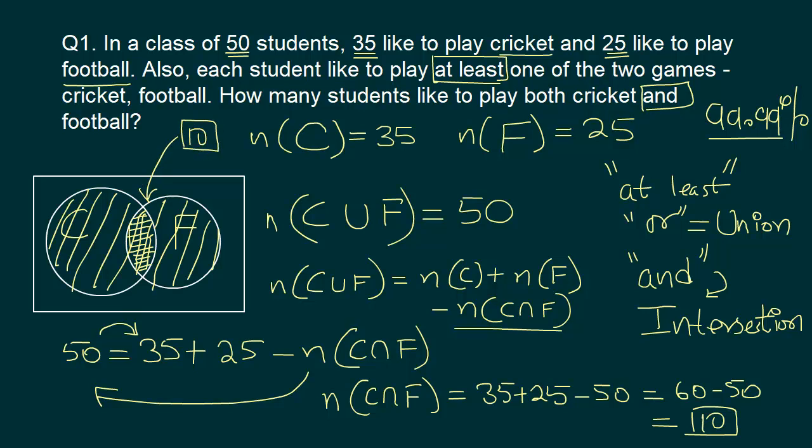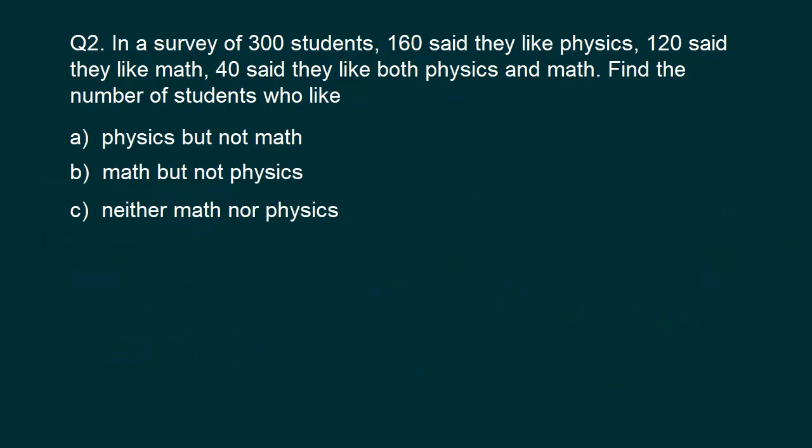Alright, now let's take a look at how we solve the second question. Like the first question, the total number of all kids surveyed is 300. So let's assume U represents the set of all students who are surveyed, because U is the universal set.